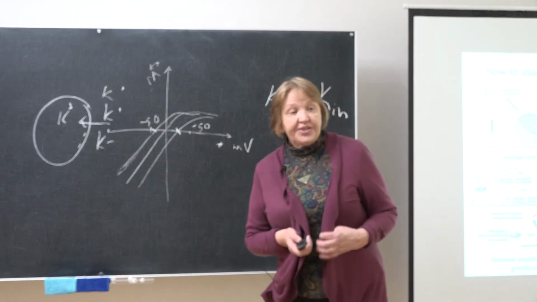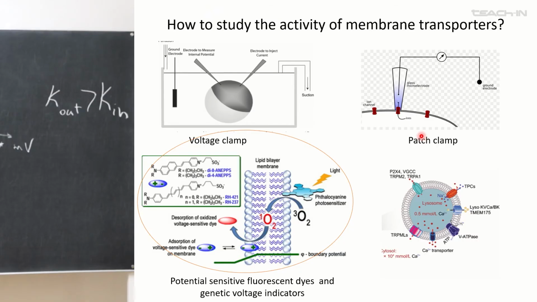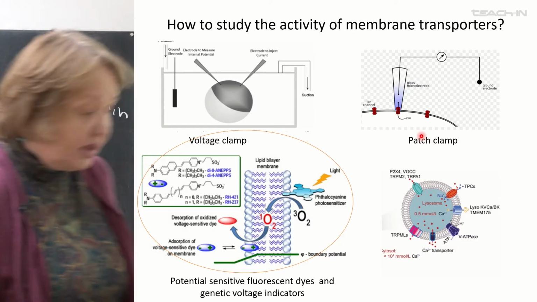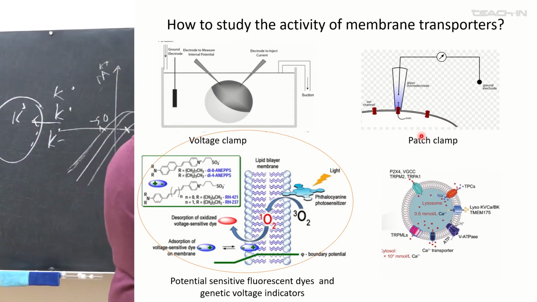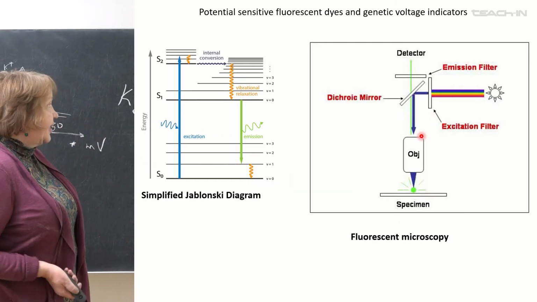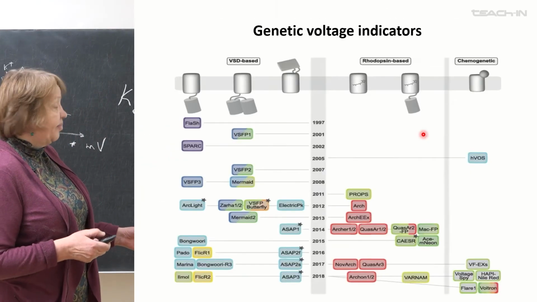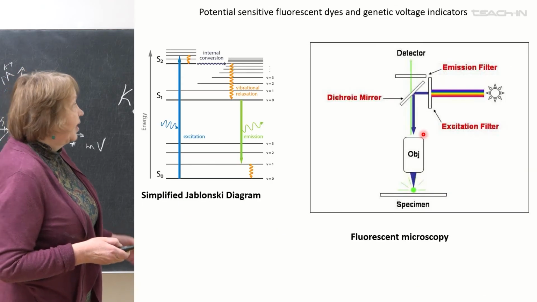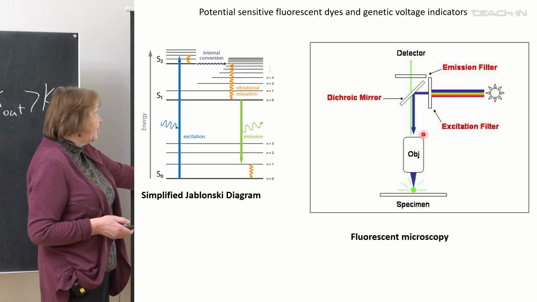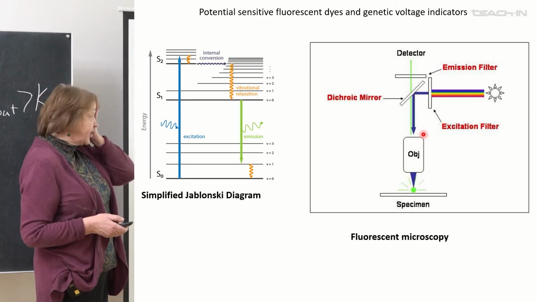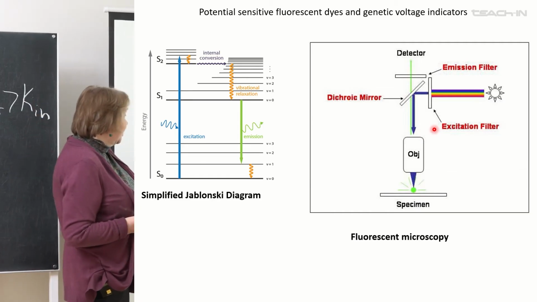So today we will continue talking about different methods to look at activity of membrane transporters. And today we will talk about fluorescence and fluorescent dyes. Just to remind you how fluorescence works, this is a simplified Jablonski diagram.